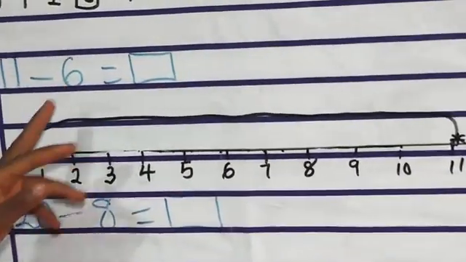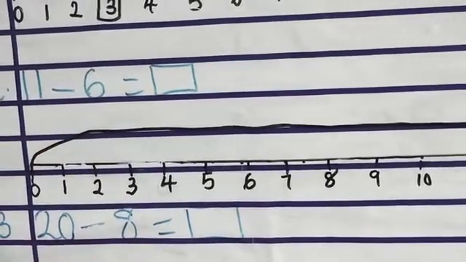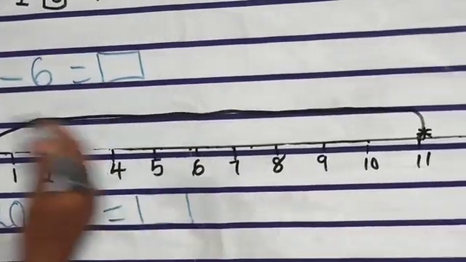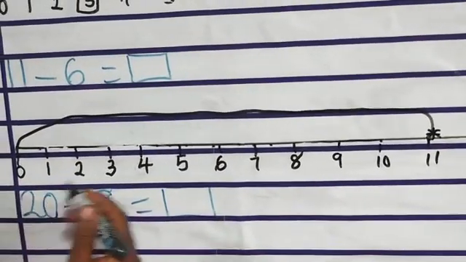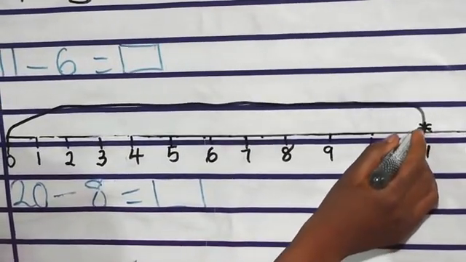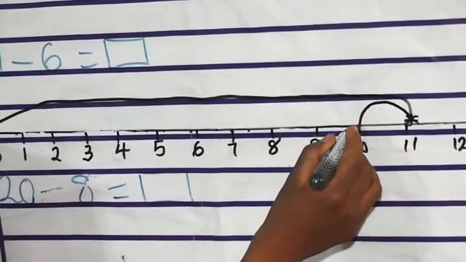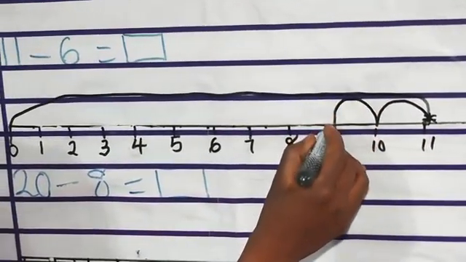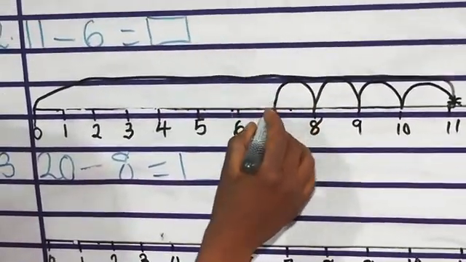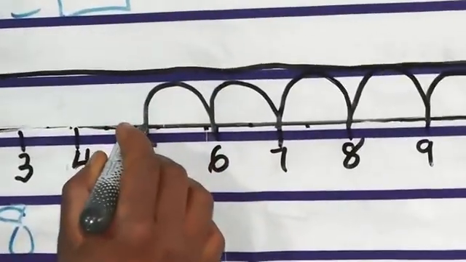Now we are subtracting 6 from 11. Now, you pick the next number, which is 6. You subtract it backwards. Okay? You move it backward from 11. Remember, it must touch a number. So we have 1, 2, 3, 4, 5, and then 6.